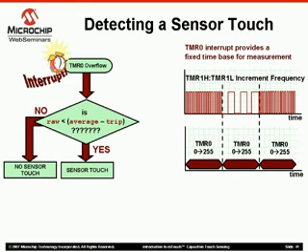Implementing this in a software routine, on a timer 0 interrupt, the current data is read into the raw variable. If the average value less the trip value is greater than the raw value, a sensor touch has occurred and the software responds accordingly. Otherwise, the sensor is determined to be untouched.